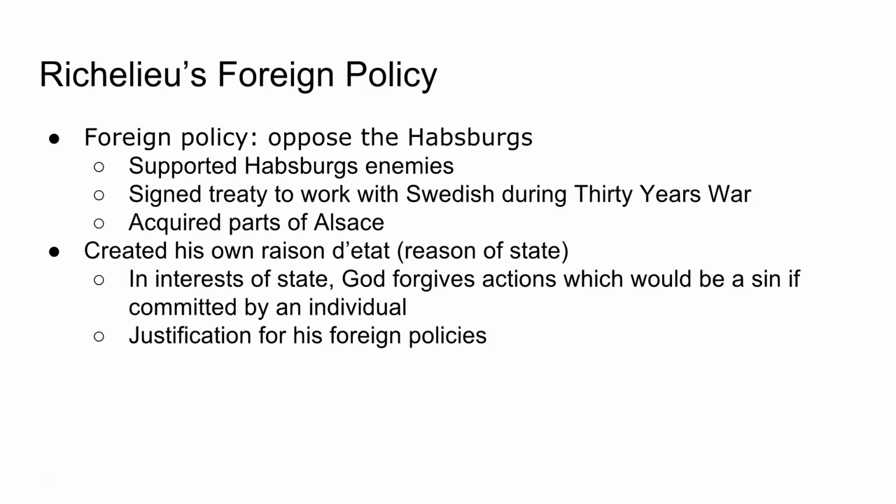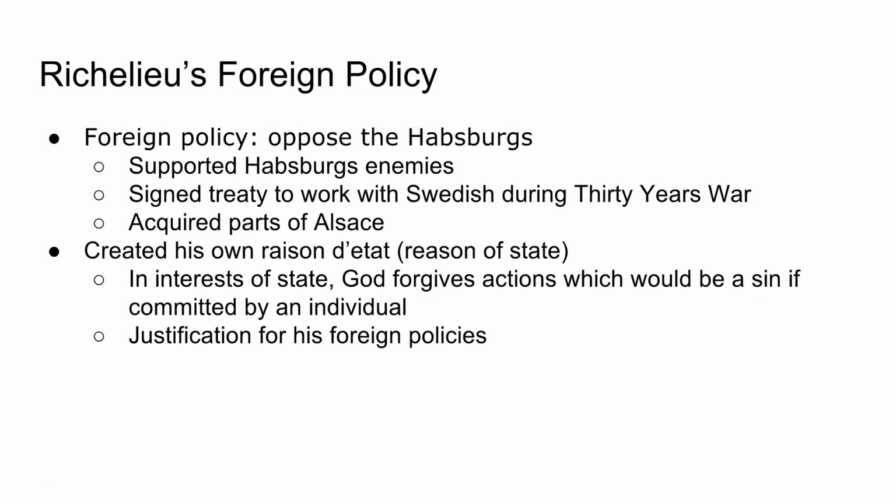So Richelieu recognizes that this is a real problem, and he does everything he can to support the enemies of the Habsburgs. This includes working with the Swedish during the 30 Years' War, if you recall that. And as a result of that, he acquires part of a French territory known as Alsace, which shows up a few more times throughout our study of history.